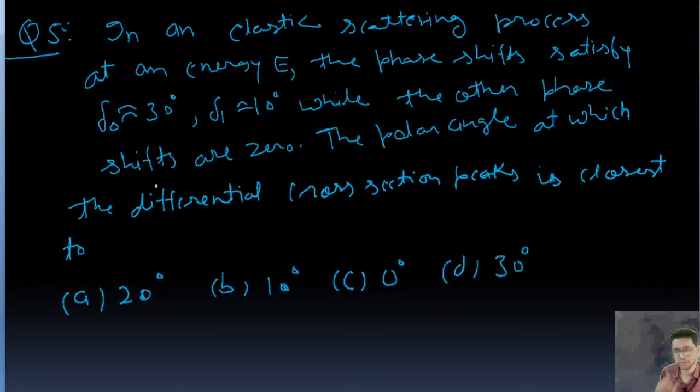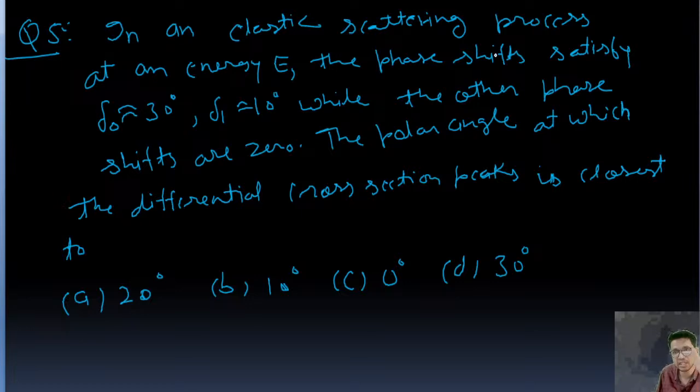Okay, so this is the question. A very good question. Okay, so I'm going to solve it. Let me explain the question first. In an elastic scattering, we are talking about scattering which is elastic, there is no energy loss.